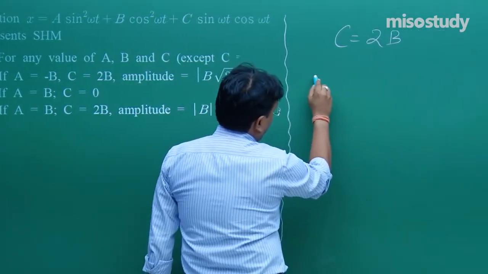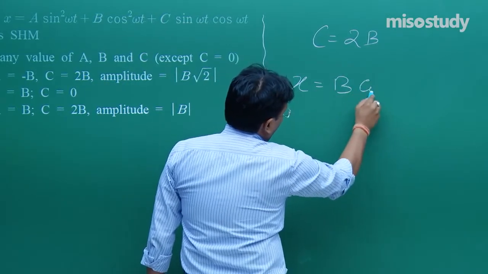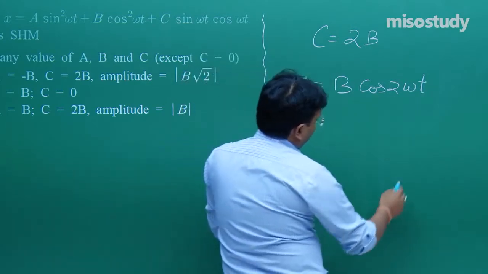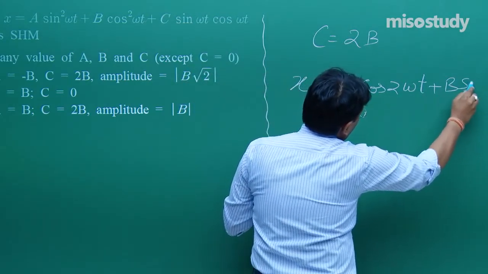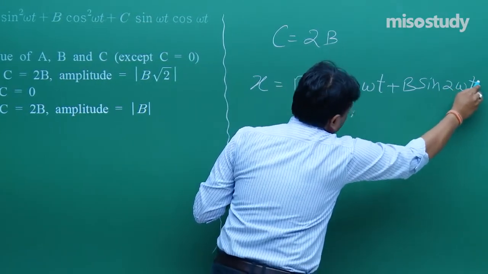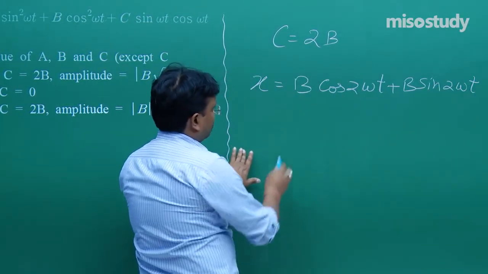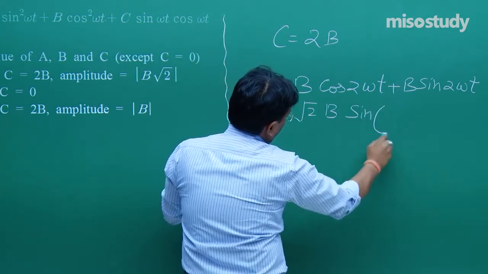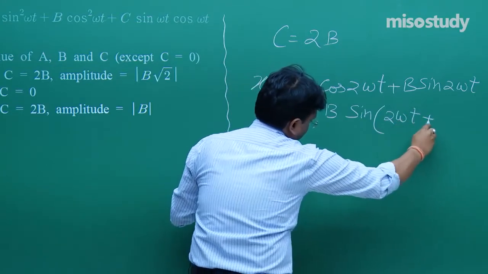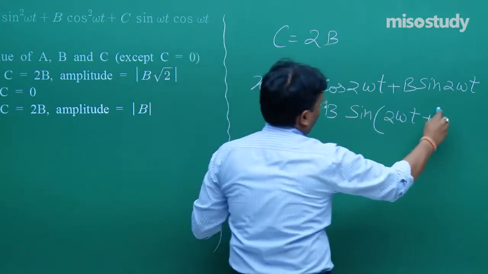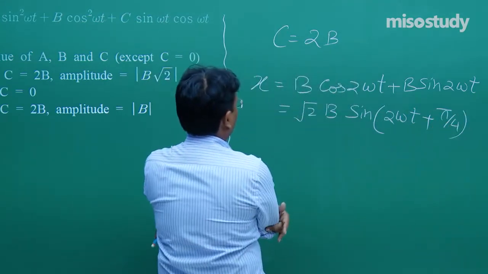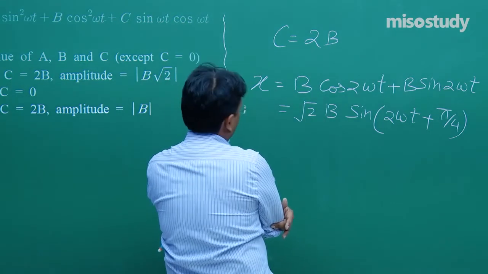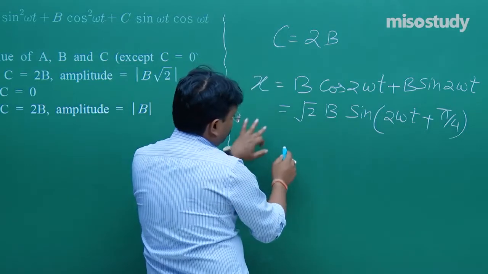That is, x is equal to b cos 2 omega t, by replacing this value, plus b sin 2 omega t, and that will give you root 2 b sin (2 omega t plus pi by 4). Yes, correct. You can replace these values.